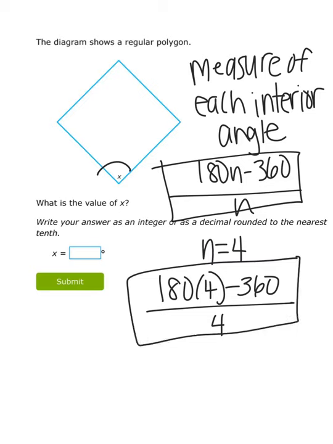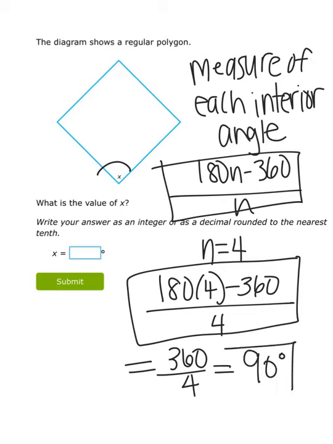So if I simplify and evaluate this, this would give me 360 divided by 4, which equals 90 degrees. So I know that each one of these angles would be 90 degrees.